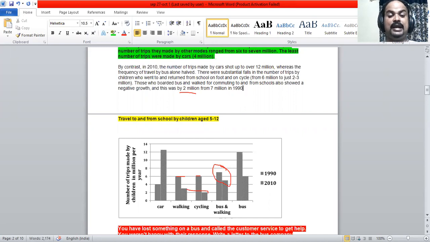So in 1990, it was 7 million. Now negative growth by 2 million. So the matter is closed.